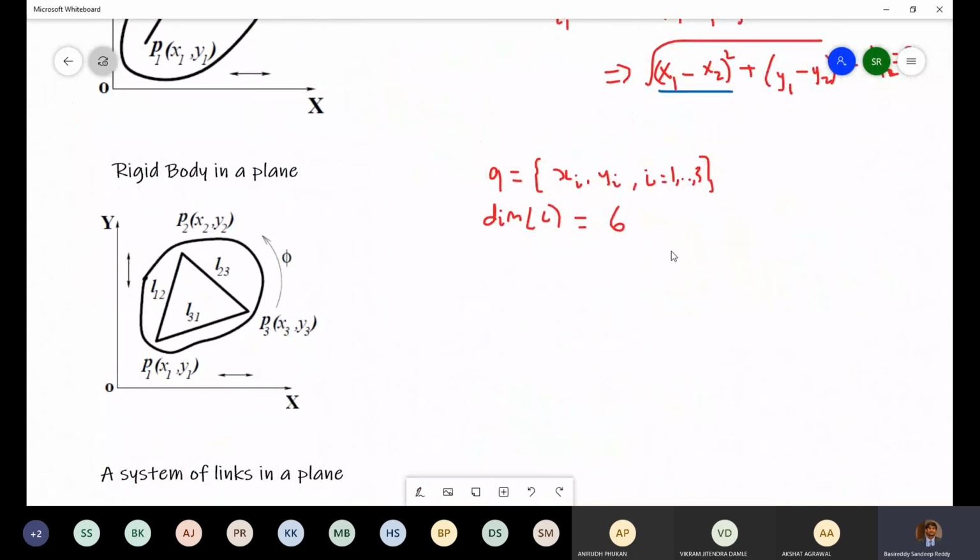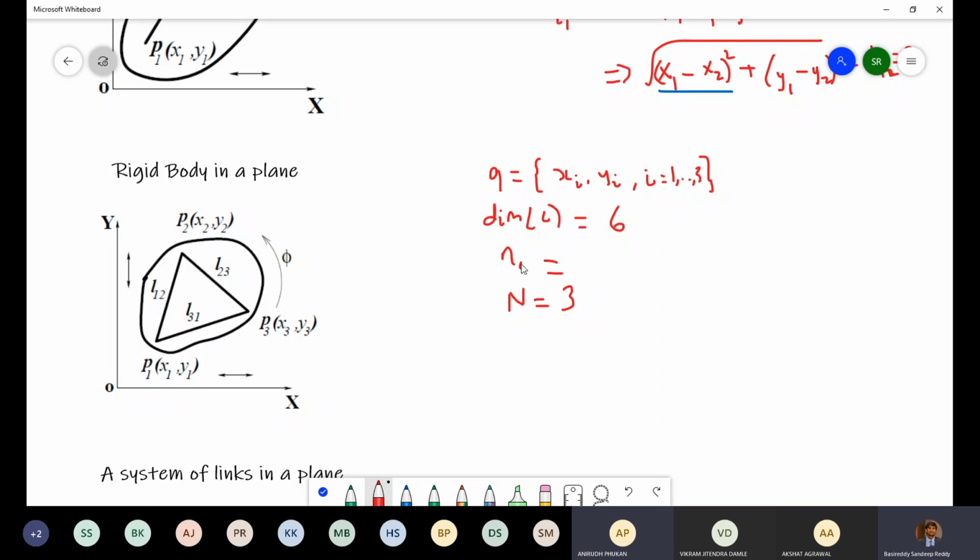If you can just tell me what all are the, okay, dimension of C6, what will be the degrees of freedom and the constraint equations? So 3 degrees of freedom and constraint will be same as the upper one, except for like 3 lengths.